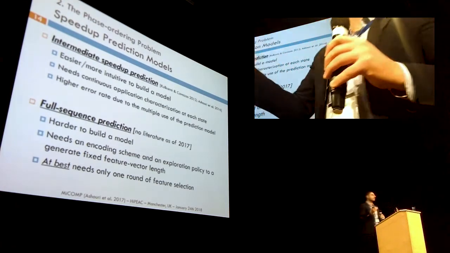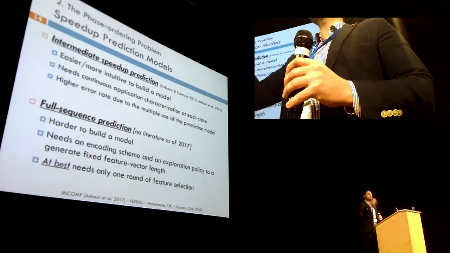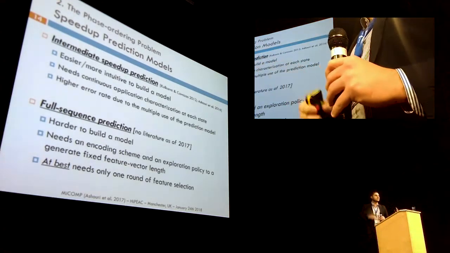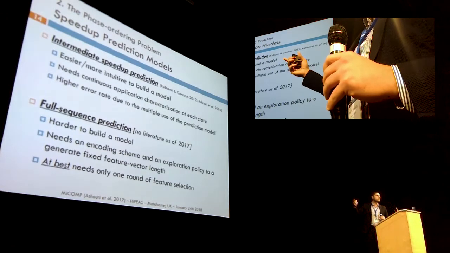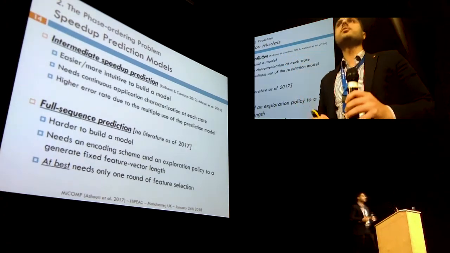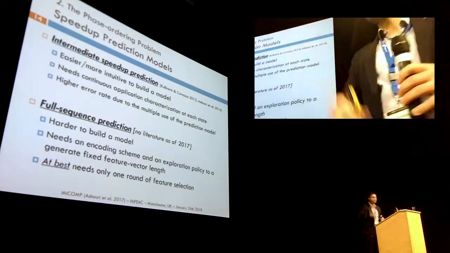Suppose your program has already been optimized and is in a transformed state. You've already applied loop unrolling, so you are in a transformed version with loop unrolling. On that state, you need another continuous program characterization collection, and then your model comes and tells you at this point and this state, use the next optimization, like TCE.